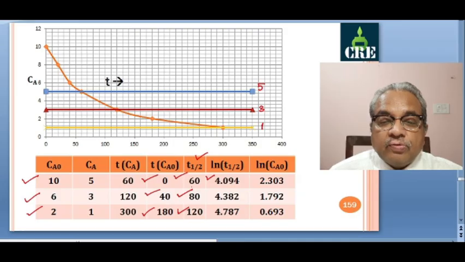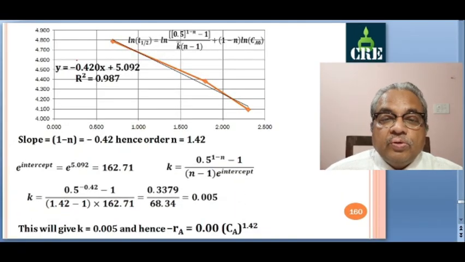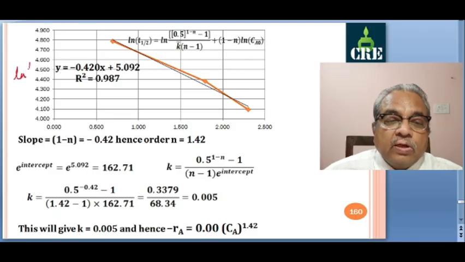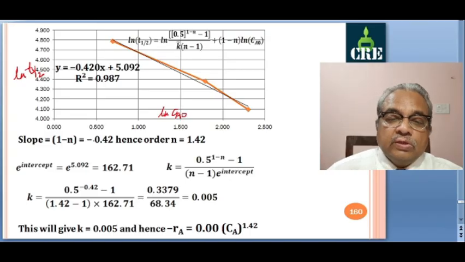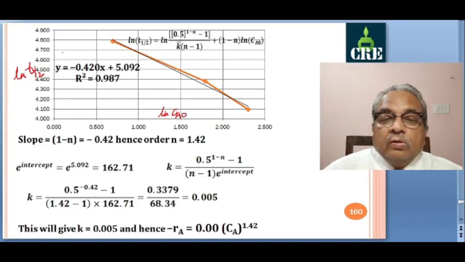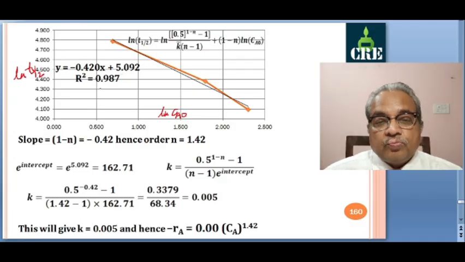So we got T half, we know CA0. So ln of T half and ln of CA0 are computed here, and that we plot here. Okay. So on this axis you have ln of CA0 and here ln of T half. So for the best fit line, you get the equation y is equal to minus 0.42x plus 5.092.